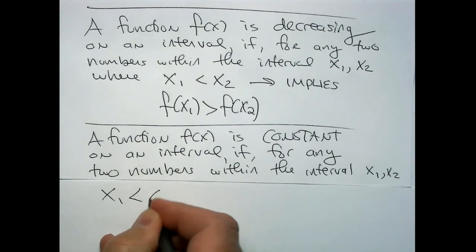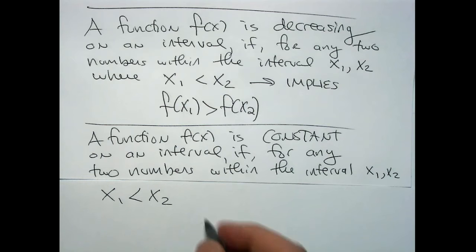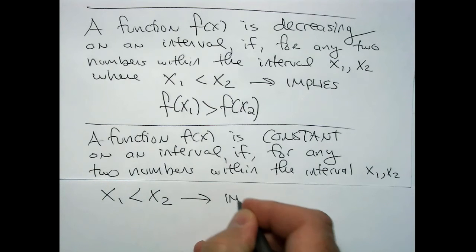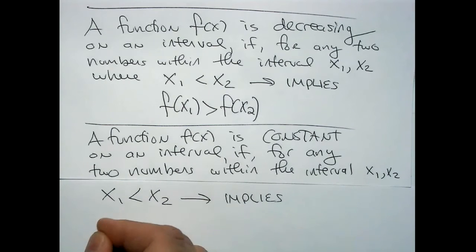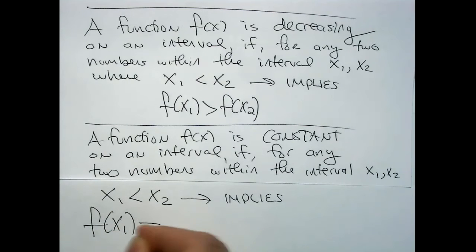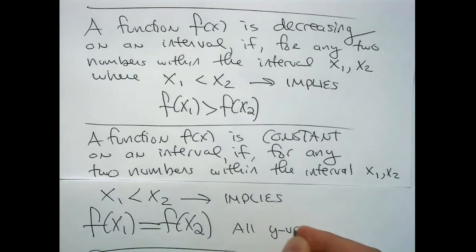We'll make x1 smaller than x2 so that we're moving from left to right. And this implies something different, that the f of x1 is actually equal to the f of x2. In fact, all the y values within this interval are equal.